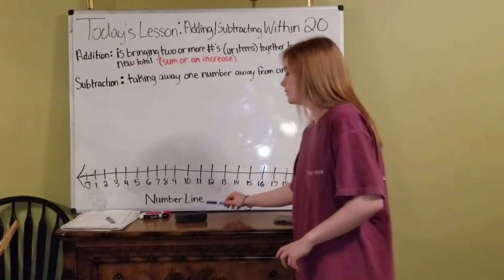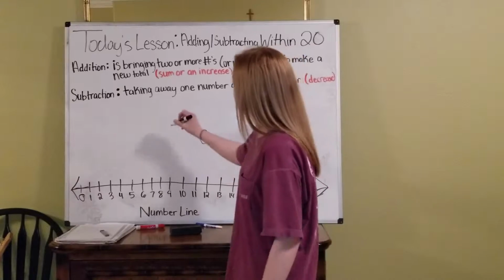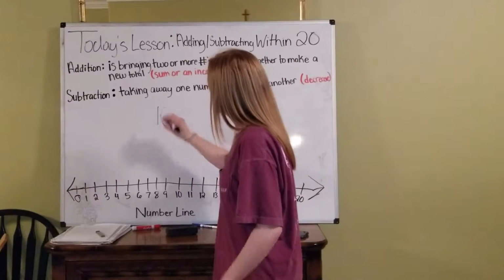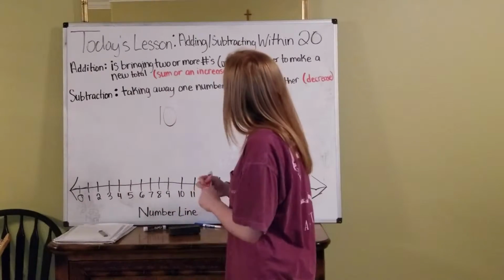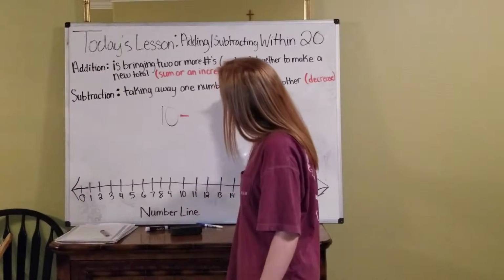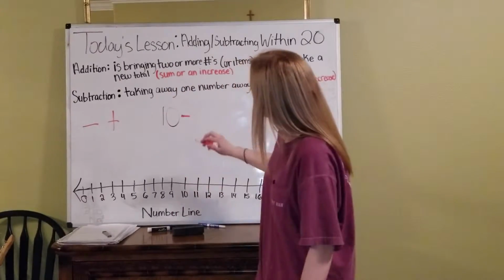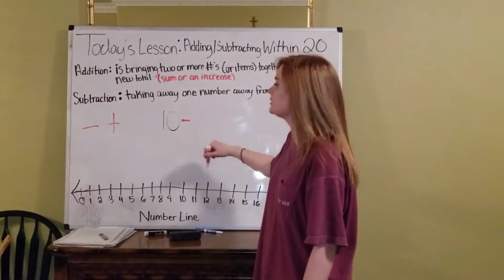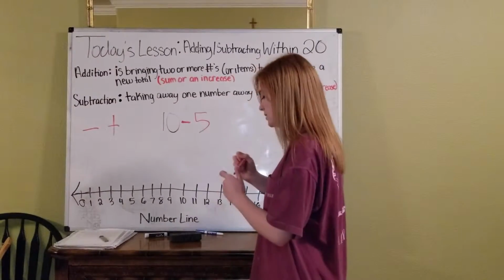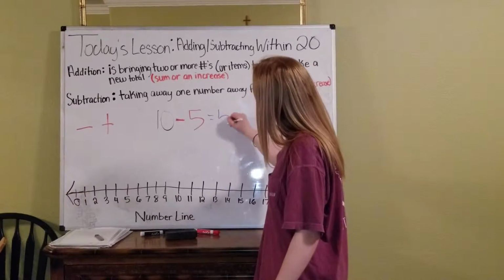So if we can recall from last week, if we start off with 10, and then we subtract, let's get a new marker. This will be our subtraction. If you remember, this is a subtraction sign and this is a plus sign. So if we start off with 10, my apologies, and subtract 5, we will get a new total of 5.